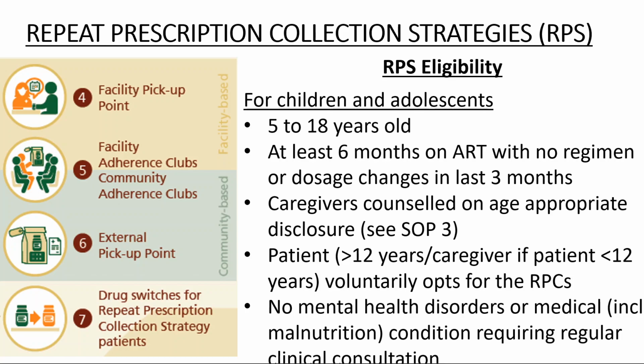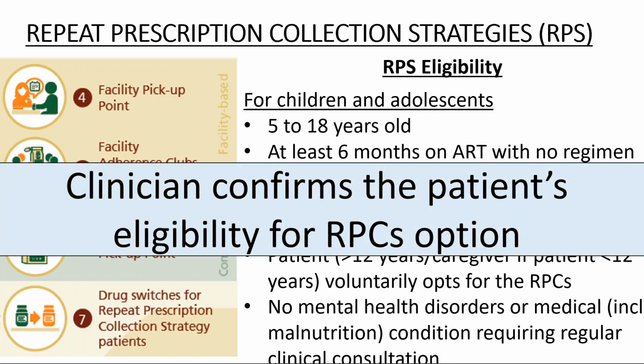Let us now look at the different types of this care. But one thing to note is the clinician still has to confirm, even if the adult, the child, and the pregnant woman meet the criteria of eligibility, a clinician has the final say as to the eligibility of this patient.